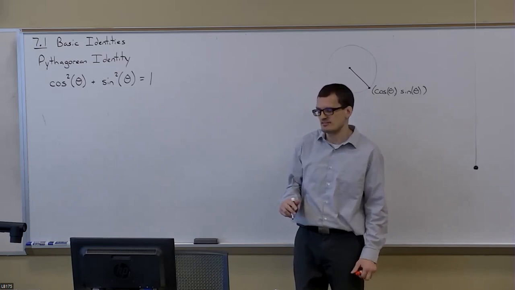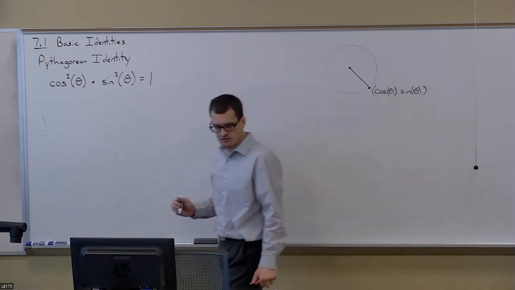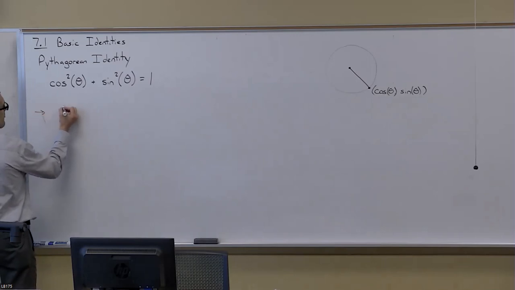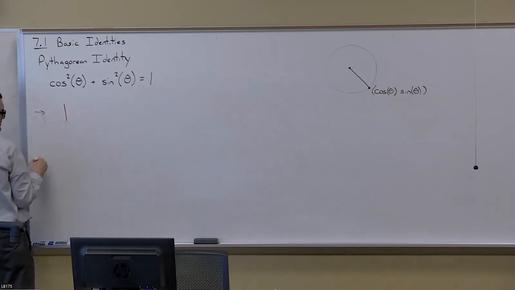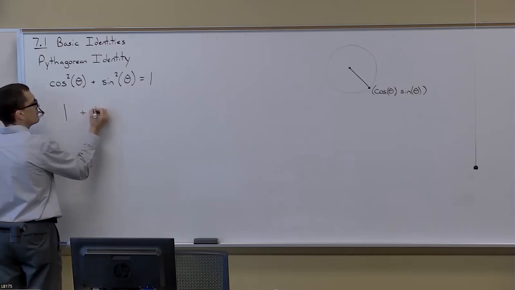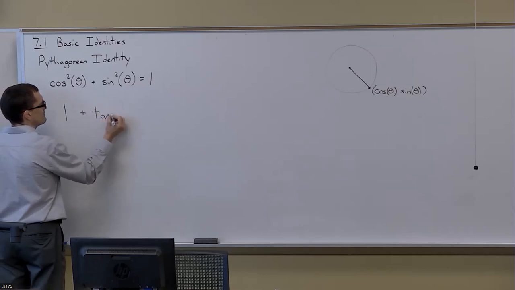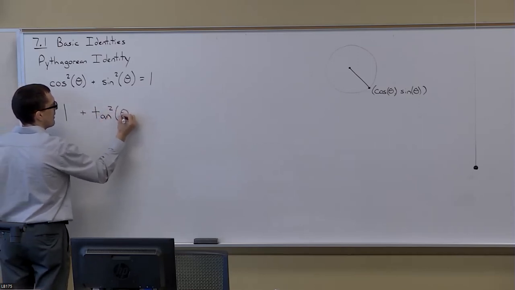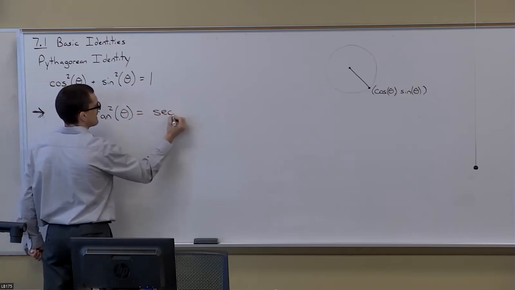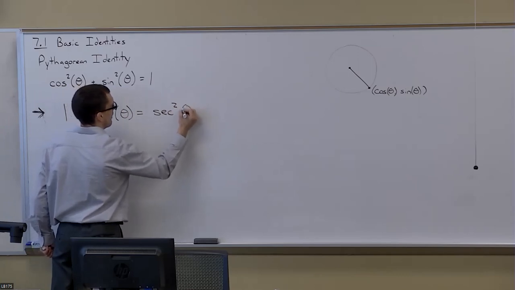I'll do this off to the side, but it turns out that Pythagorean identity leads to this one: 1 plus tangent squared of theta is equal to secant squared of theta.